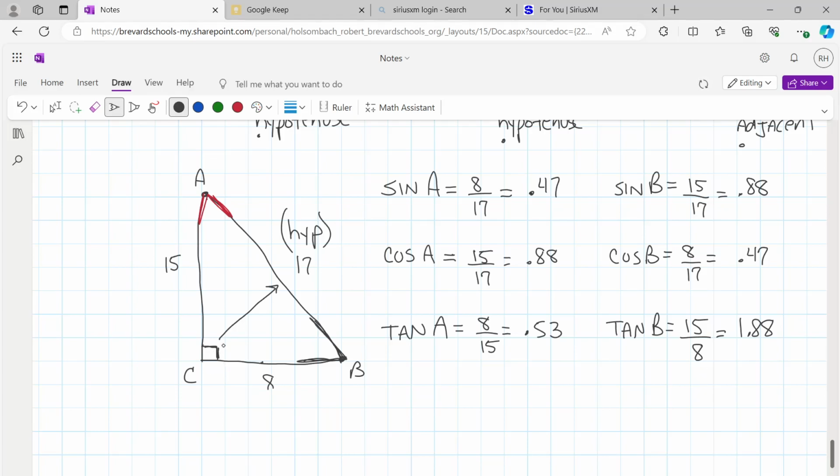We're never going to write sine, cosine, tangent for angle C, because its opposite side is the hypotenuse, and its other two sides are both adjacent. So the rule doesn't work when you're looking at the right angle portion.